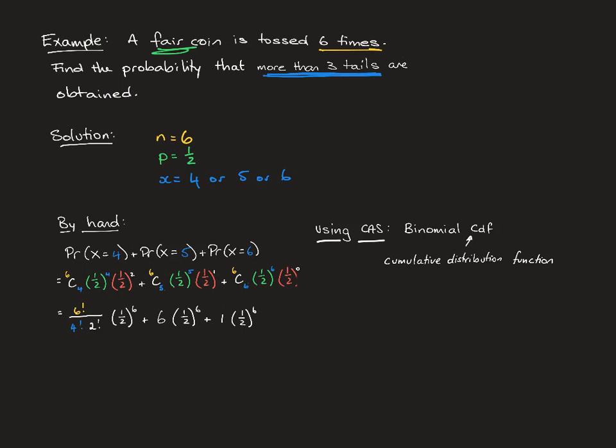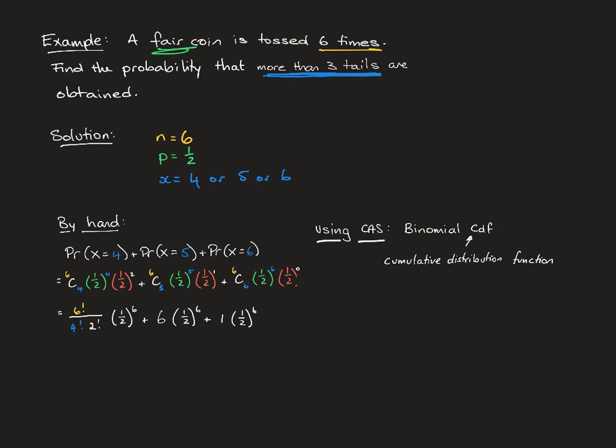And this time I've used what I know, 6C5 is going to be 6 because it's 1 less than the number at the top. 6C6 is 1. A half to the power of 5 times a half is a half to the power of 6. This is a half to the power of 6 because a half to the power of 0 is 1.